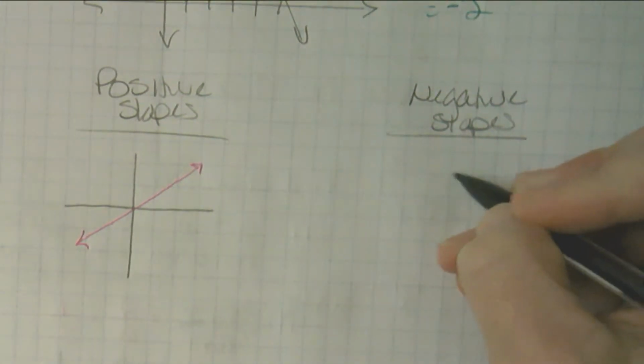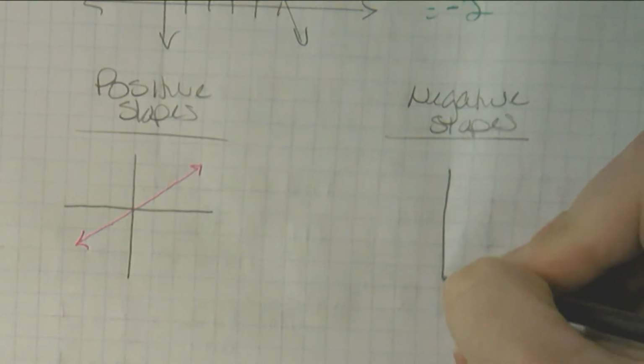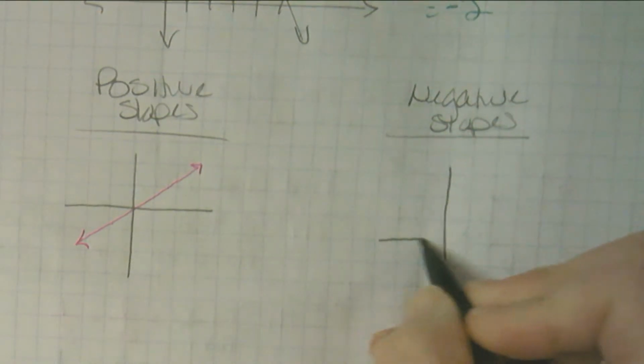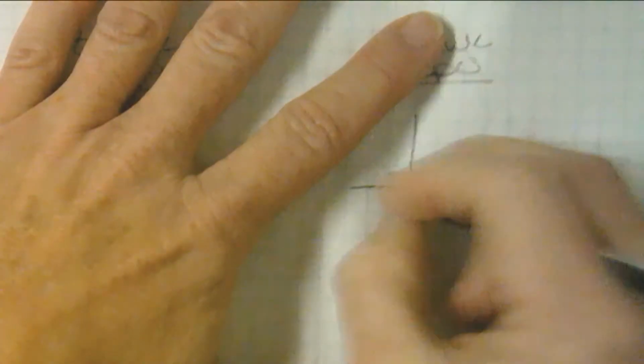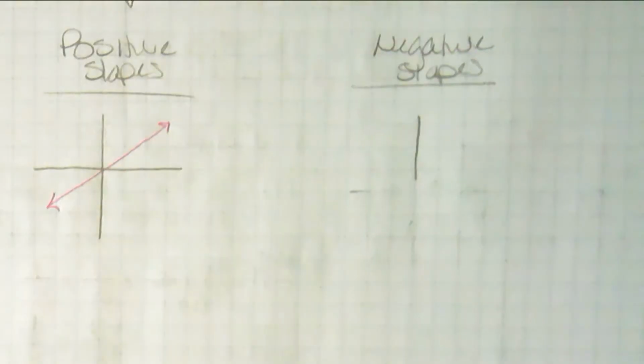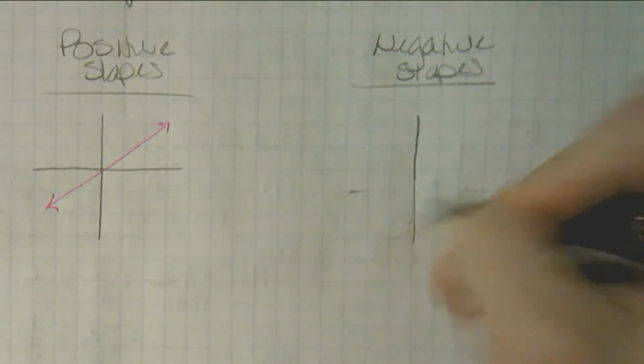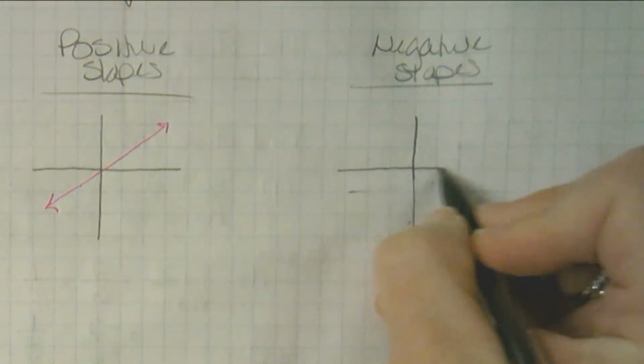So when you're finding the slope of a line, I want you to anticipate what the sign of that slope should be. Should I be ending up with a negative slope? Should I be ending up with a positive slope?